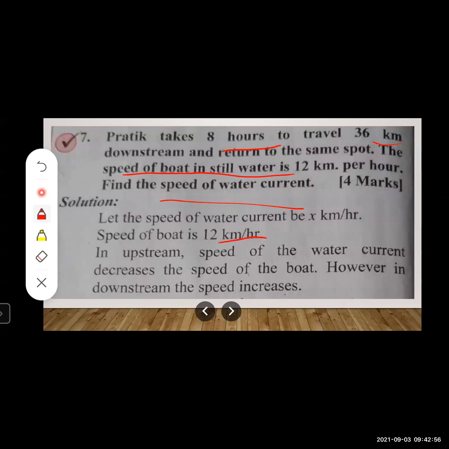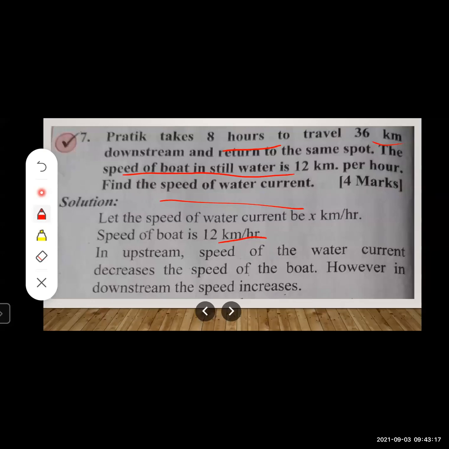You have to apply Newton's law of gravity. See, Earth attracts everything towards itself. So whenever any object comes down, what is happening? Because of gravity, the speed of the object increases. For example, I'm giving you the example of a ball.